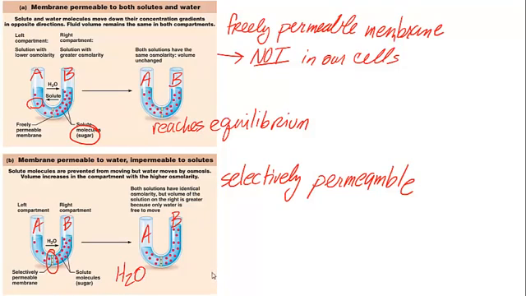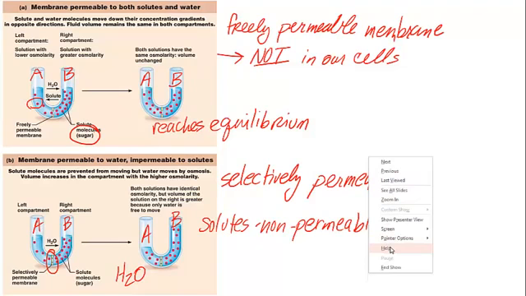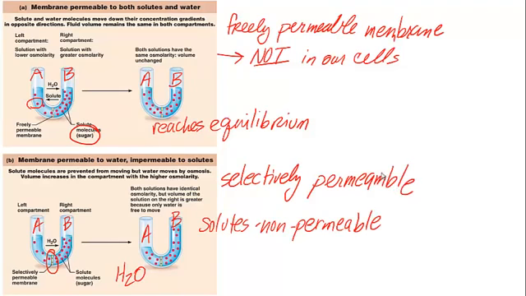And this is what would happen in a human body. The solutes are what are called non-permeable. They are too large to pass from one cell to another cell. So the only thing that really can move is going to be the water.